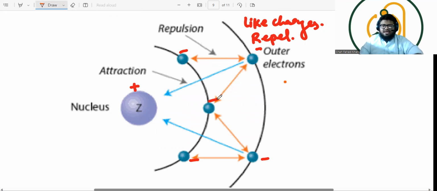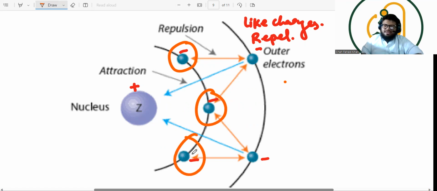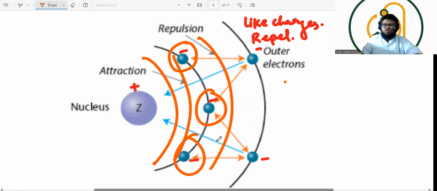All right, then the next thing is, if this is the nuclear attraction and this is the shielding effect, what does it depend upon? It depends upon how many complete shells you have inside. So if you have an atom with, let's say, four shells on the inside, as compared to an atom with only two shells on the inside, the one with four shells would have a greater shielding effect and hence a greater radius, because these electrons would not allow the nucleus to attract the outer electron towards itself.